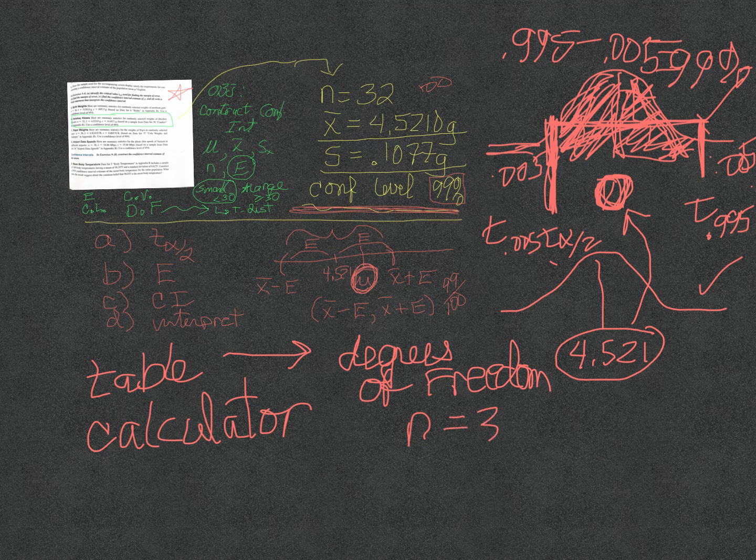Since our sample size is 32, the degrees of freedom is equal to 32 minus 1, or, excuse me, 31. So our degrees of freedom is 31, and when we go to look at the table, we're going to look at 31.